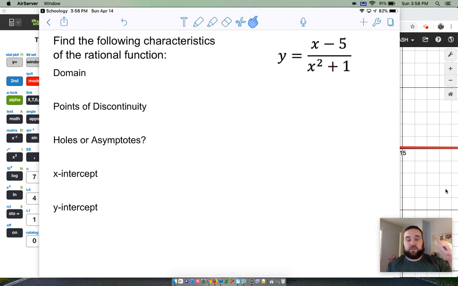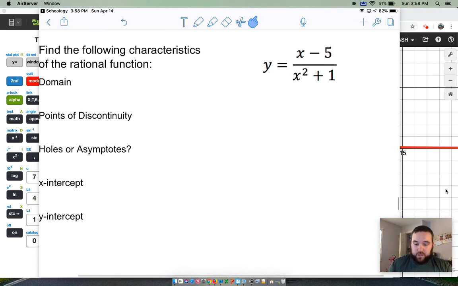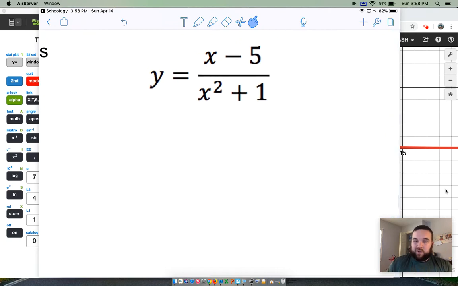So the first step is I'm going to factor top and bottom. If I look at this function, y equals (x minus 5) over (x squared plus 1), what's crazy is neither side of this actually factors.